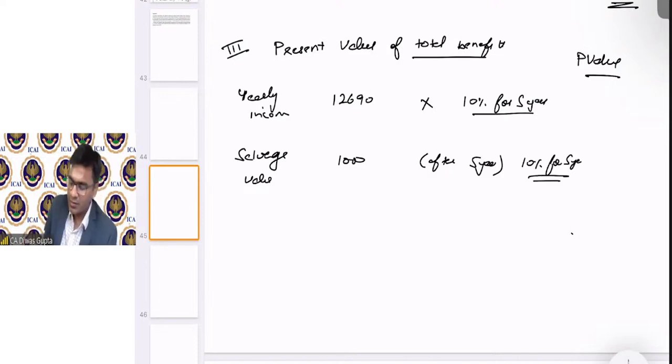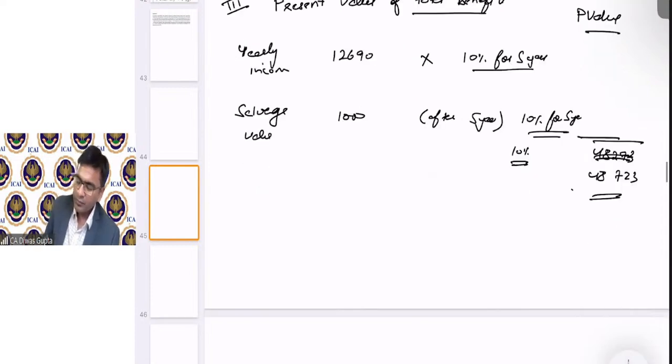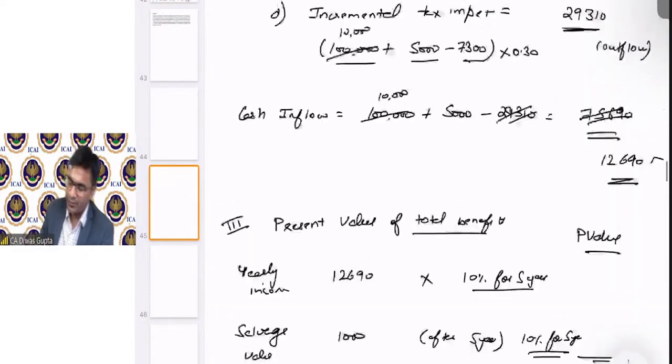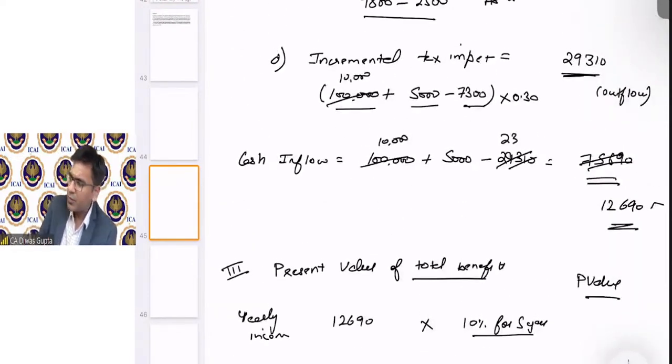This will be simply 10% for 5 years, right? So the total will come as 48,723. So the present value of total benefits will be about 48,000. Yes, so the tax impact will be 2,310. You're right. 2,310. Thank you, Mansha.